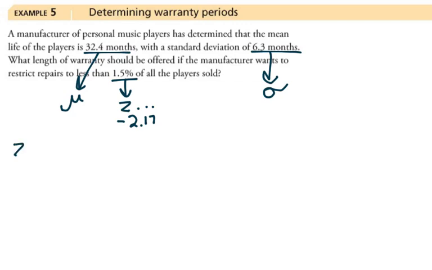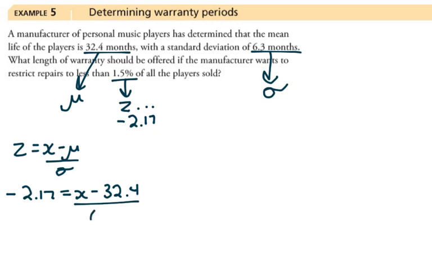So we go to the formula. We fill in what we know. We know Z. We don't know X because that's going to be the length of the warranty. Mean is 32.4.